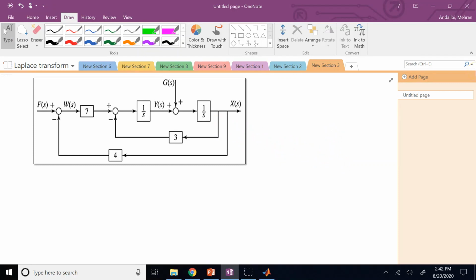So as I said, when it says what is x over f, it means g is neglected. Okay, so first we want to find x over f. When we want to find this, we assume that every other input other than f is what? 0.